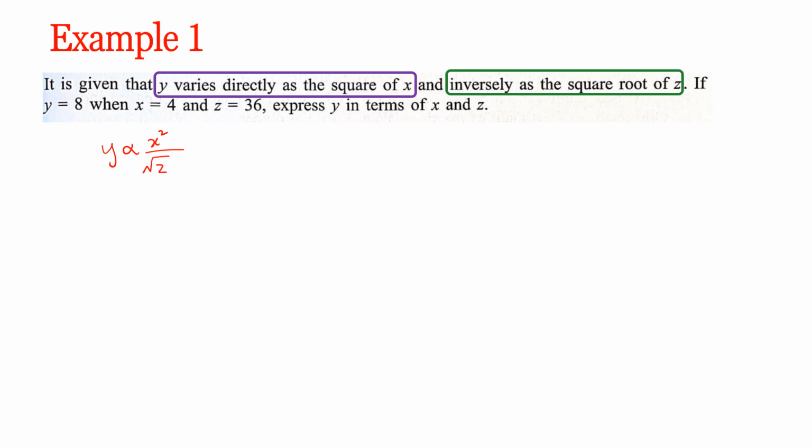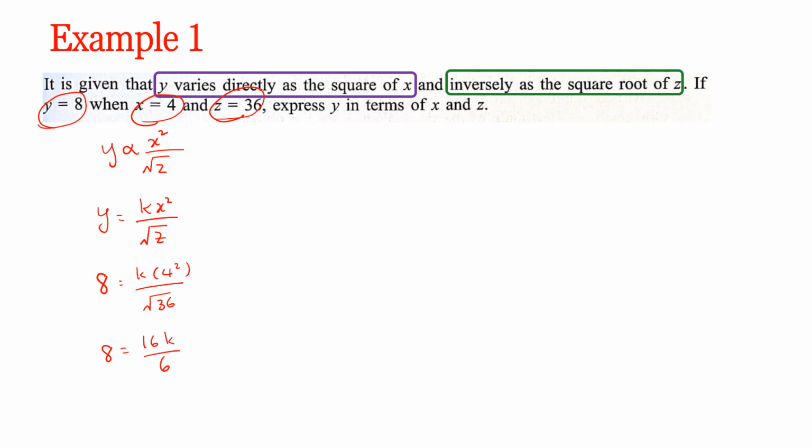What you need to do next is write it into equation form. So Y equals, just put a constant K here, S to the power 2 over the square root of Z. So we need to substitute Y equals 8, S equals 4, and Z equals 36. Then we calculate: 8 equals 16k over 6.